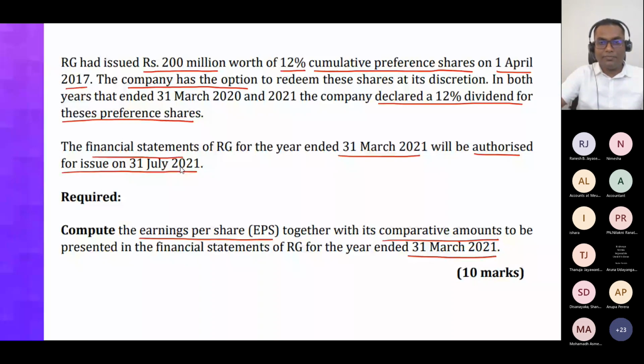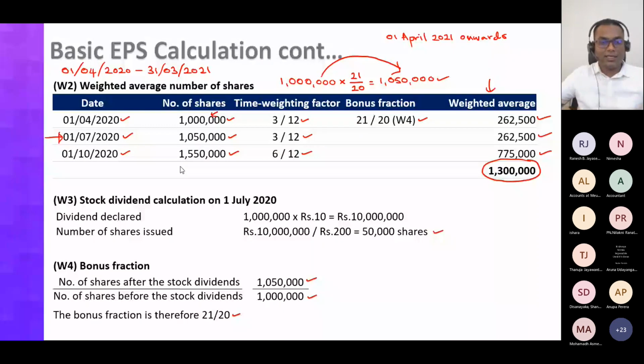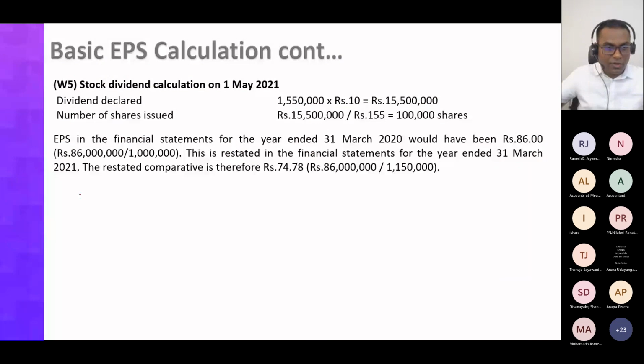So now if you look at the next year, starting from 1st April 2021, this is the start of the next year.